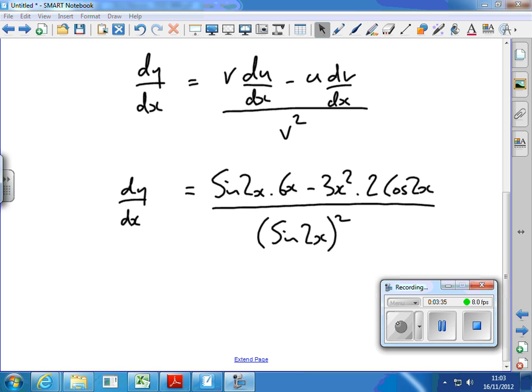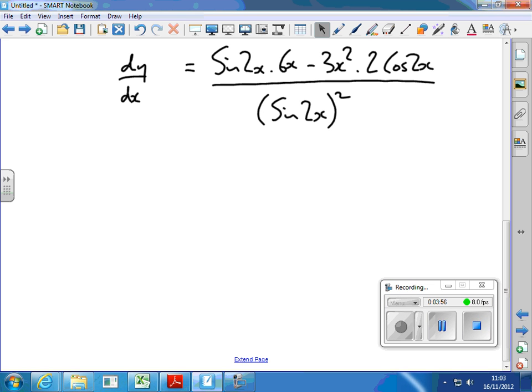Now we try and tidy up. And actually in the quotient rule, not particularly in this example, but in some examples you'll see, it's very worth trying to tidy up because the answer suddenly looks a lot more straightforward. So now I would ask you to try and tidy these things up. A few tips for when you do this, looking at the top.